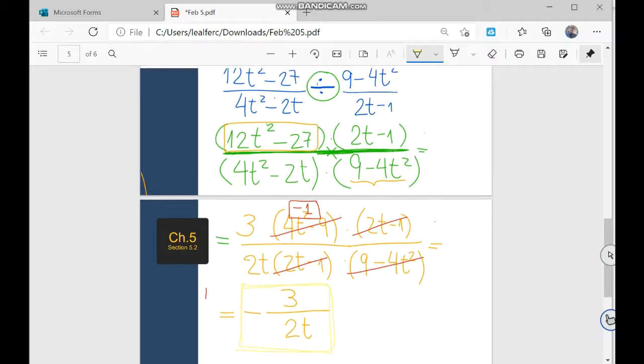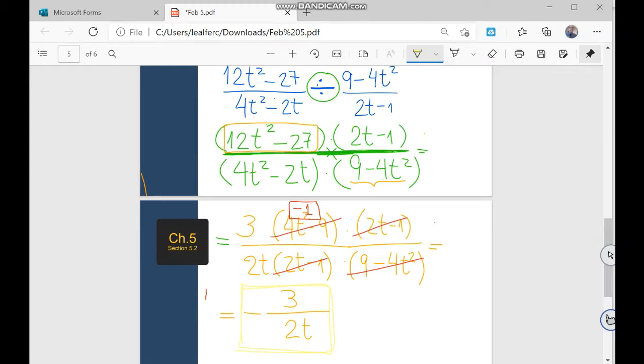Remember, division is going to be kind of the same process of multiplication. Only this first step is different. First step, you're gonna flip, you're gonna make this into a multiplication, and then the next step by step is the same as we have done yesterday. Any questions?